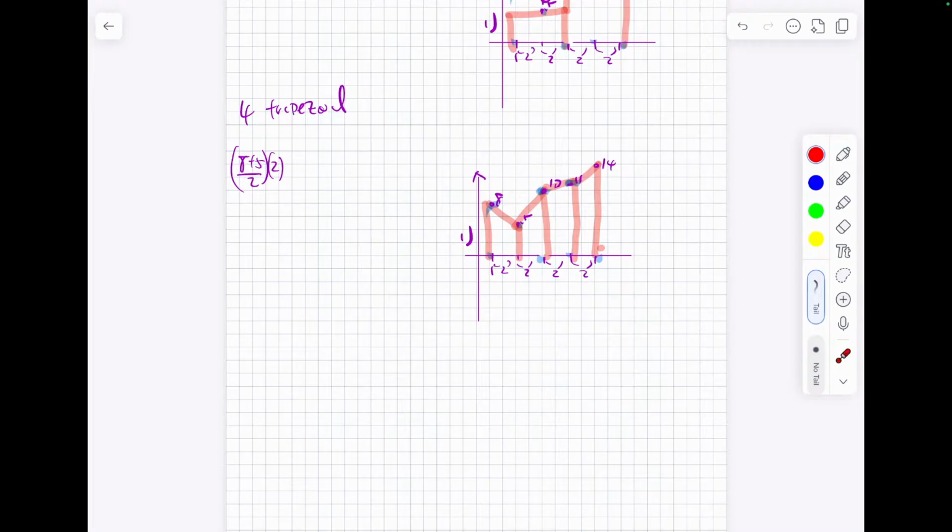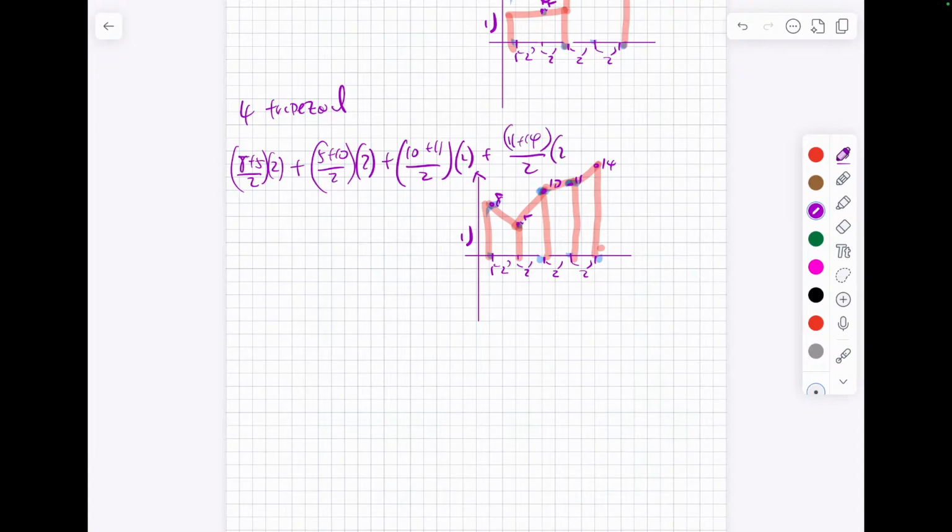Am I going too fast? Ignacio, you understand? Aiden, you understand? So I'm going to add a second trapezoid. The second trapezoid is 5 plus 10 over 2 times 2, plus 10 plus 11 over 2 times 2, plus 11 plus 14 over 2 times 2.